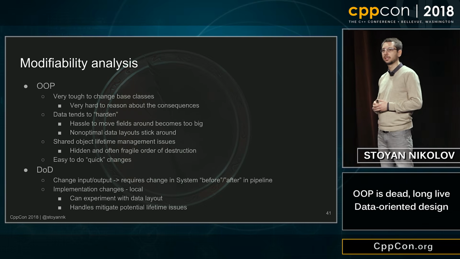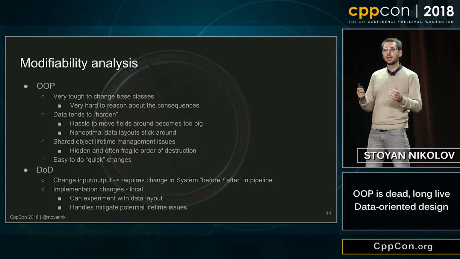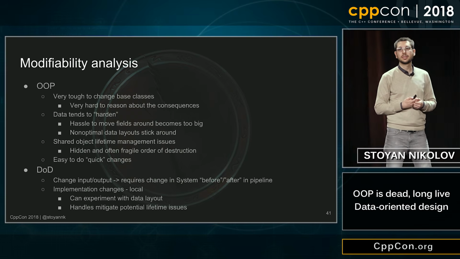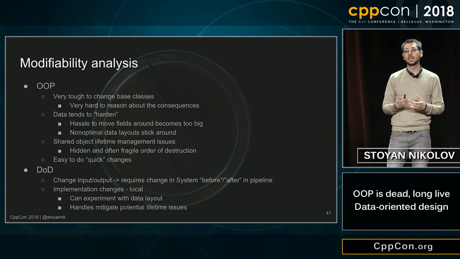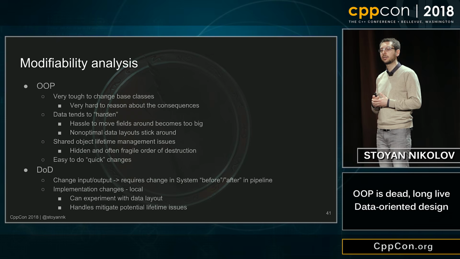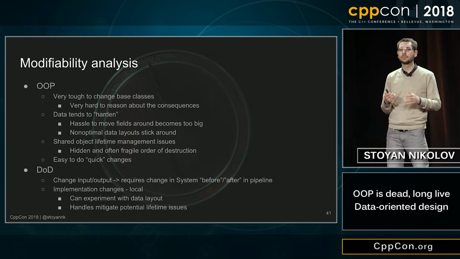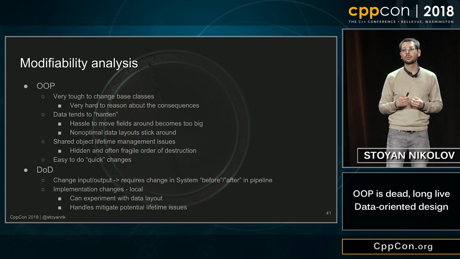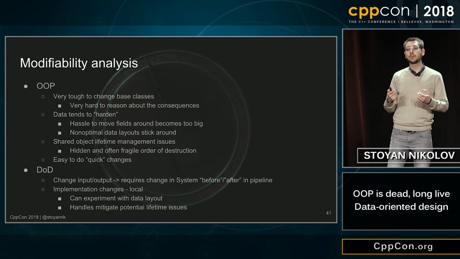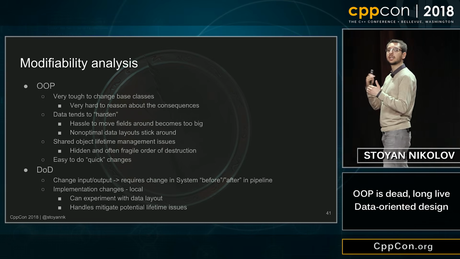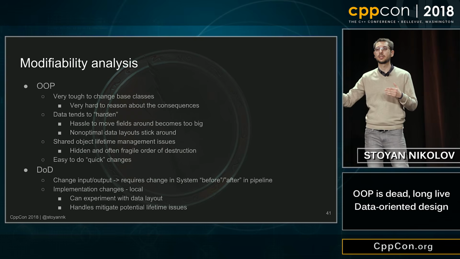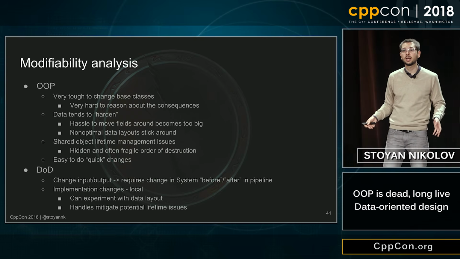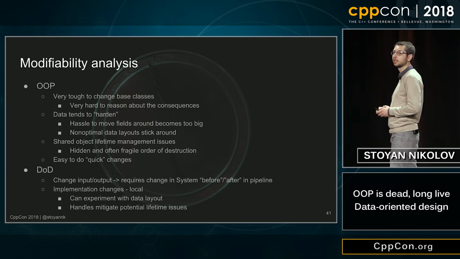For the modifiability, such large and complex object-oriented hierarchies tend to harden. And by that I mean that they become so complicated that the programmer is very much inclined not to modify them. So it's very difficult for us to, for instance, experiment with changing the layout of the object or moving some data from one class to the other, just because everything will break and we have to fix a lot of things.